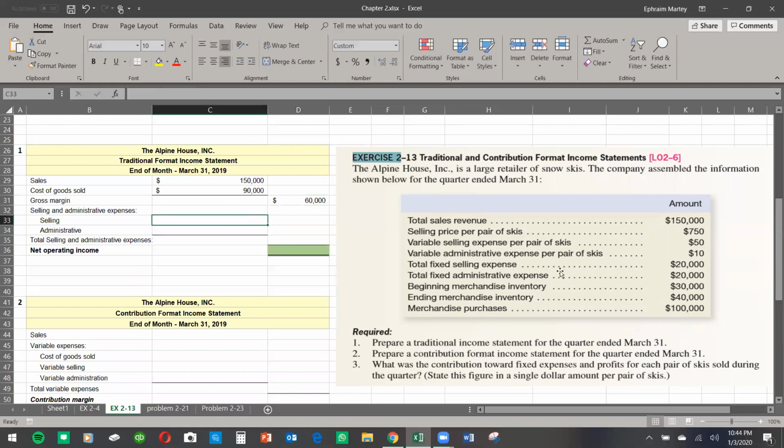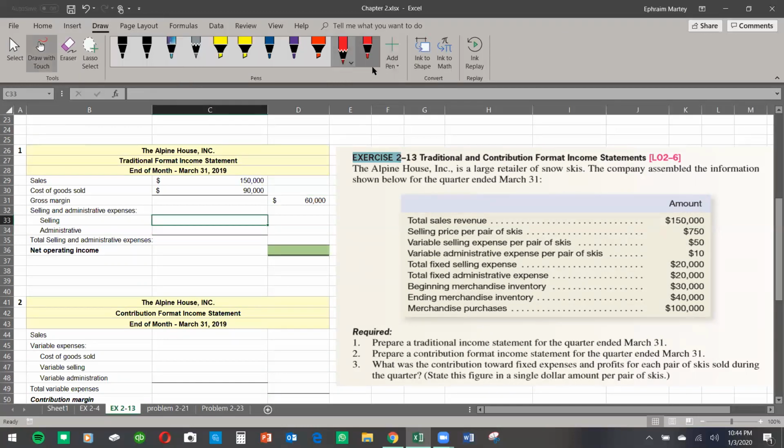You realize that we have variable selling expense of $50 for each item that was sold, or for each ski that was sold.